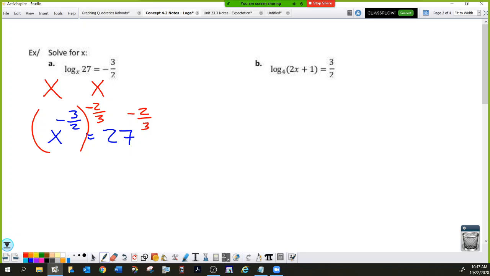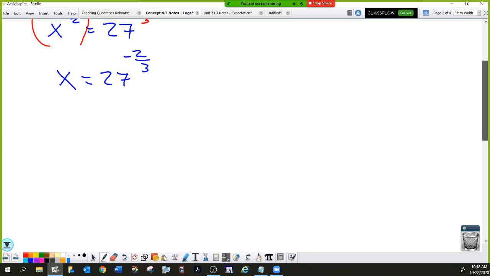So what I'm going to do is raise both sides to the reciprocal power. Because when you raise a power to a power, you multiply. And you see, when you multiply reciprocals, you get a 1. So that gives me x raised to the +6/6, which is just x raised to the 1. But on this side, I have 27 to an exponent, and we can evaluate this by hand. Showing lots of work. To be honest with you, the next one's easier than this one.